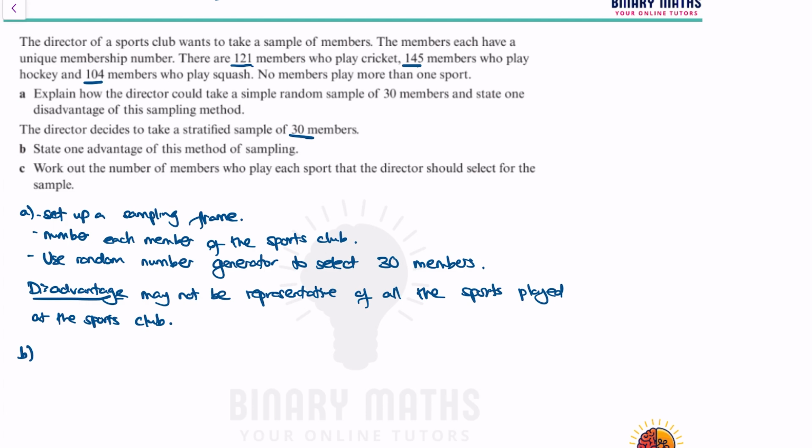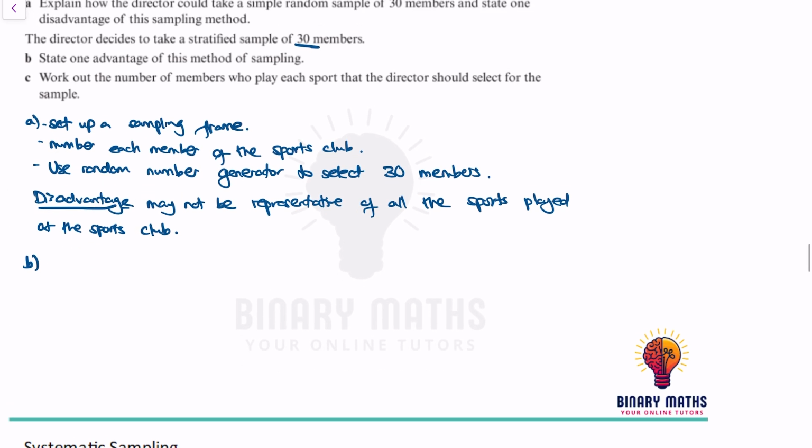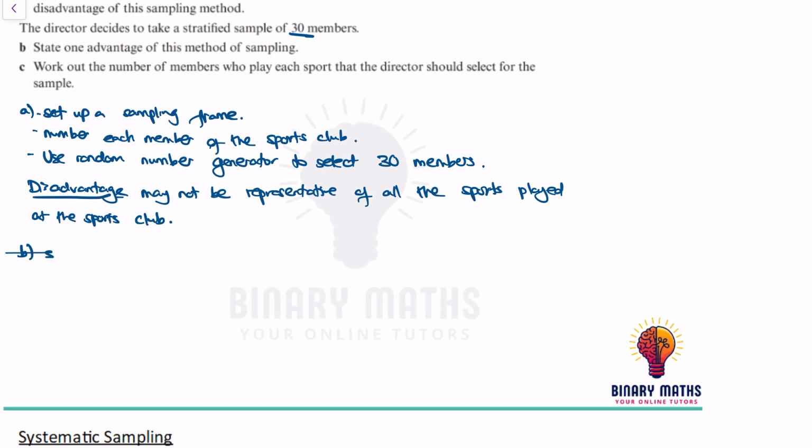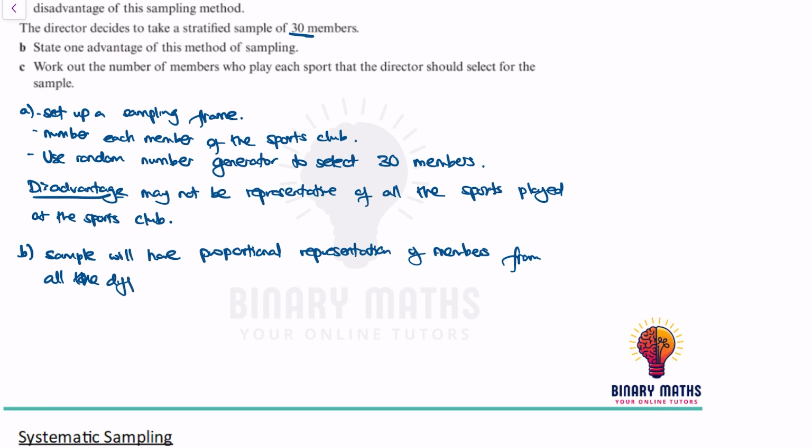So because it's a stratified sample, the sample will have proportional representation of all the sports, with members from all the different sports played at the club.